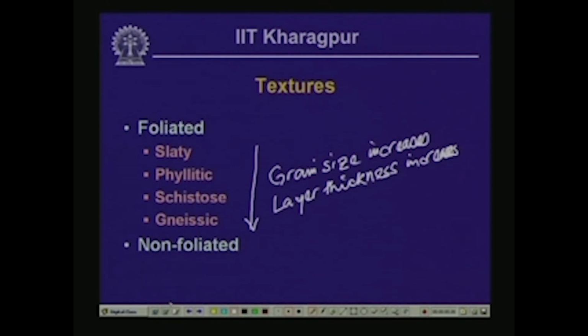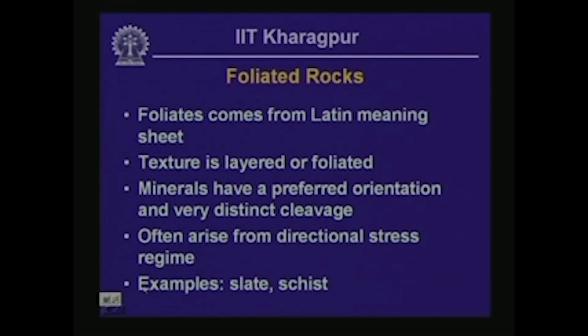Non-foliated rocks, on the other hand, will not exhibit any layered structure, and examples of this type of rocks are limestone and granulite. Okay. So, this explains what is meant by foliated rocks, which we have already discussed.